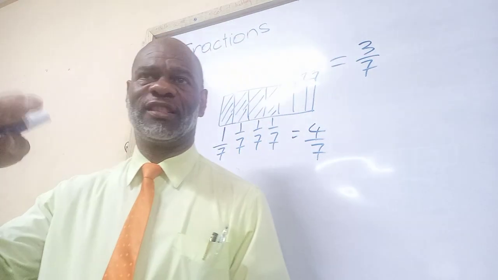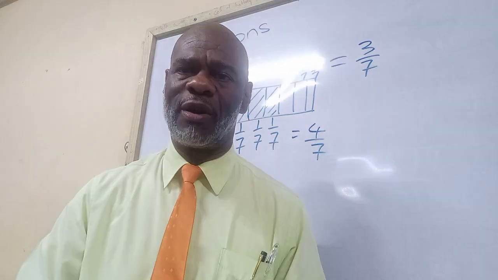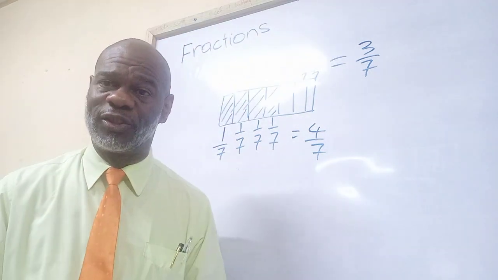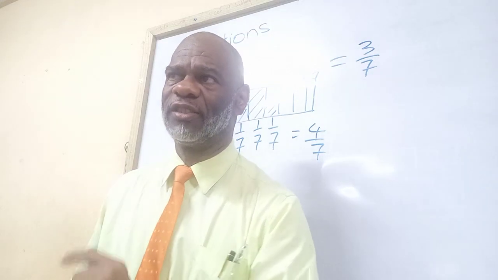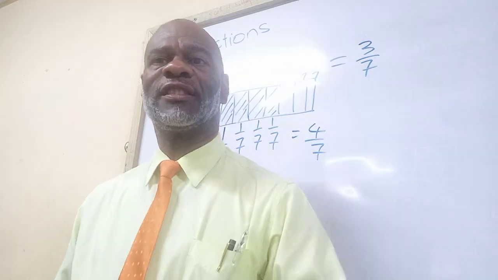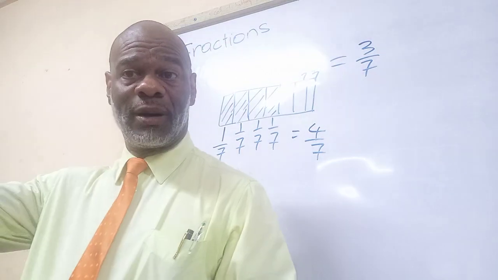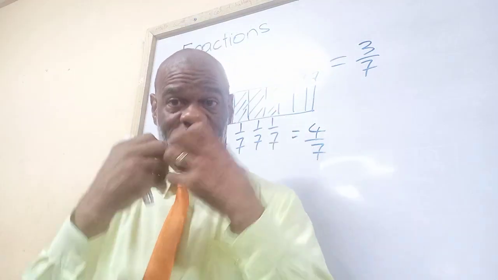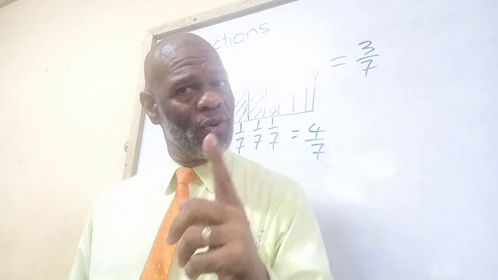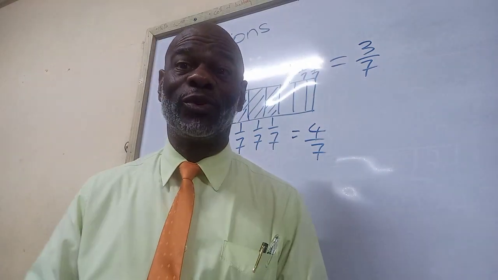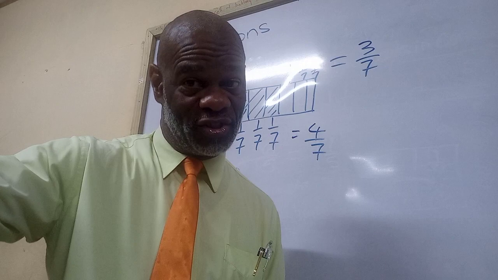Fractions have a denominator and a numerator. The denominator tells us how many parts the whole is divided into, and the numerator tells us the number of parts in question, whether you're going to give them away, eat them, or keep them.